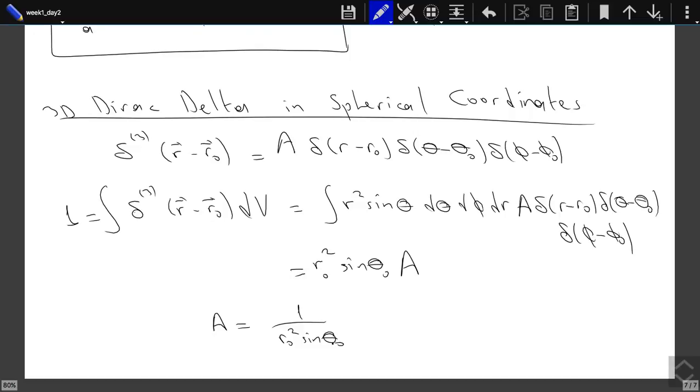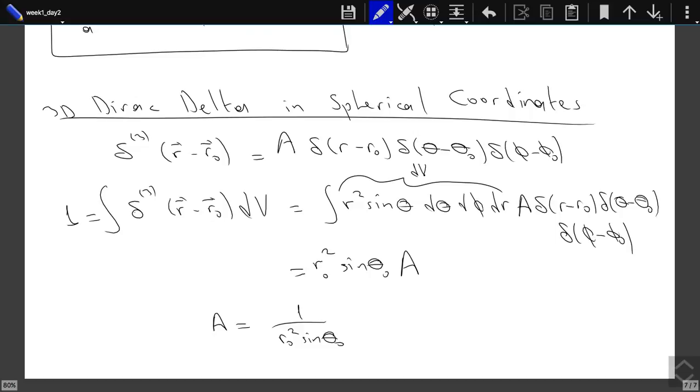No, there's no divergence over here. This r squared sine theta is just the volume element in spherical coordinates. Well, it's mainly because there is nothing that depends on phi in the volume element, except that d phi.